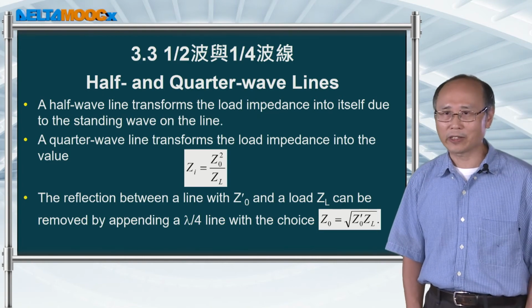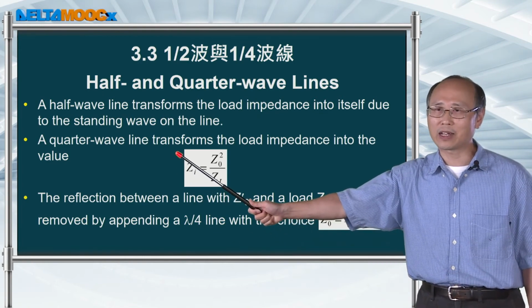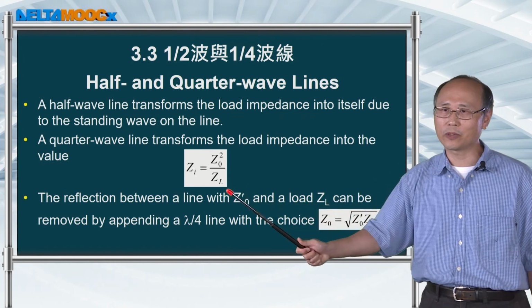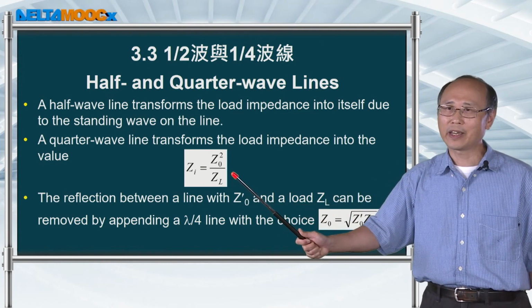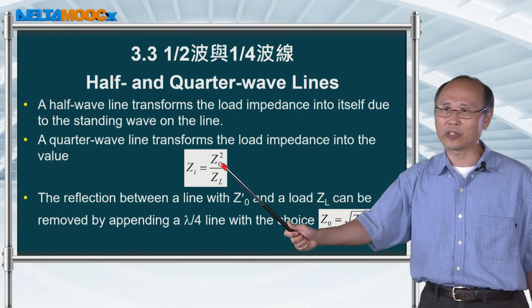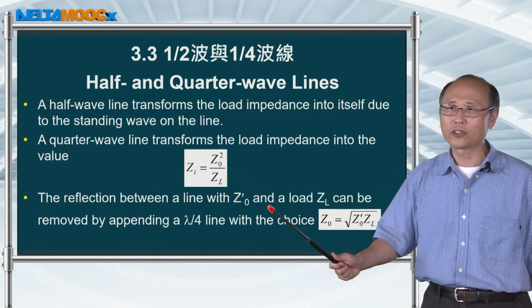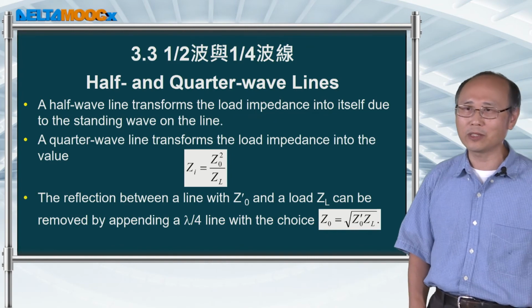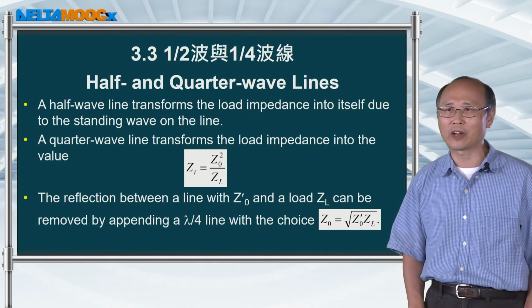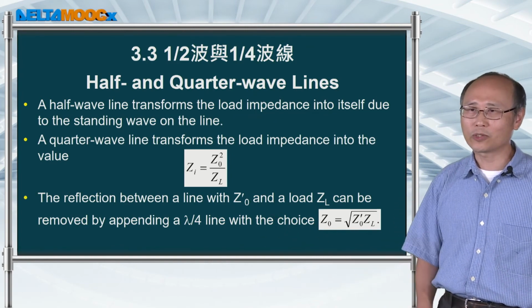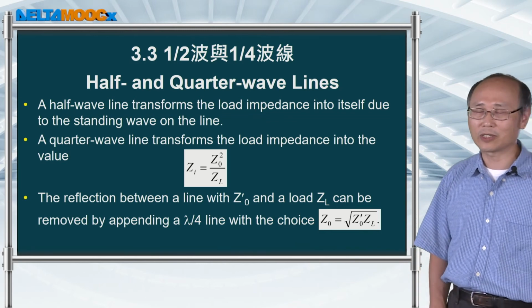And we also calculated the quarter wave line impedance, which is given by this expression. And in this expression, we have the freedom to choose the characteristic impedance of this quarter wave line so that we can do impedance matching to remove the reflection from a line which was originally not matched.